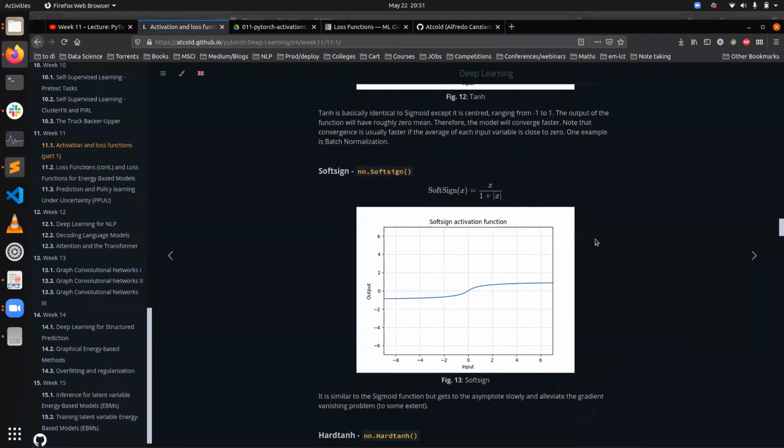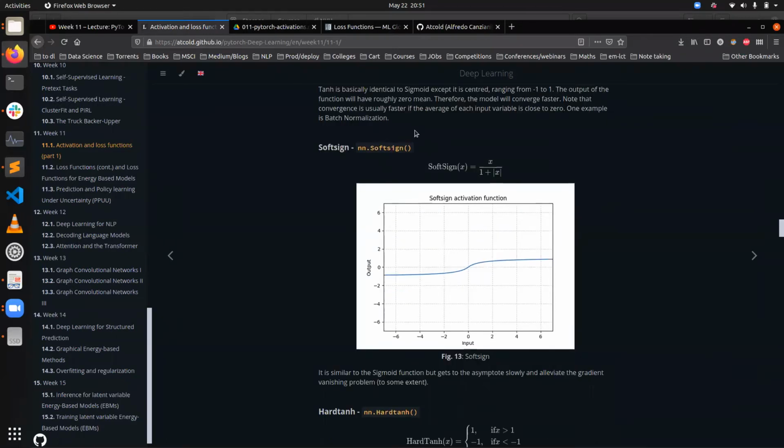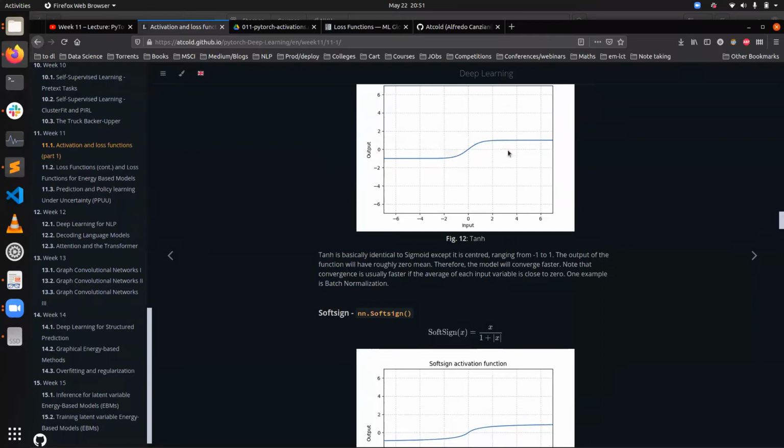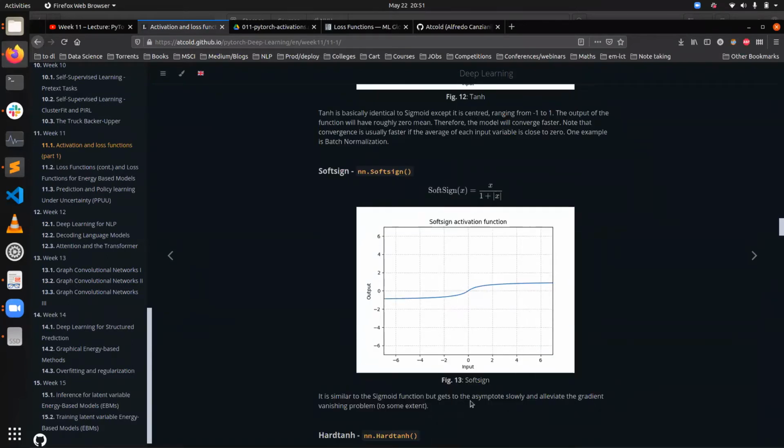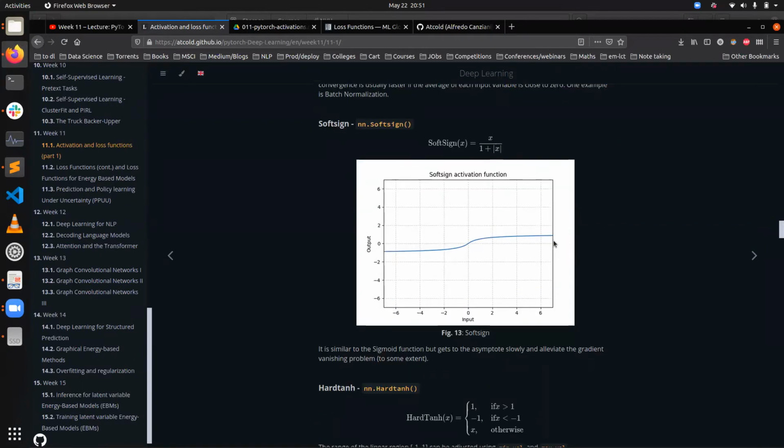Soft sign is similar to sigmoid, but its asymptotes are slightly slower. It doesn't flatten as quickly as sigmoid, so it alleviates the gradient vanishing problem to some extent, not completely.